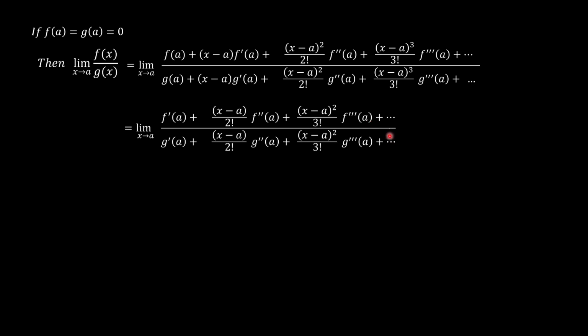Now by applying the limit, you will get the right hand side as f dash of a by g dash of a. Similarly, if f dash of a and g dash of a are equal to 0, then repeat the above procedure by taking x minus a common from the previous step.